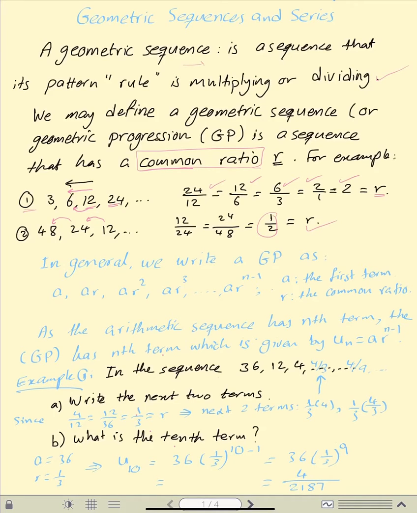In general, for any geometric sequence, we can write it like this: A, A times R, A times R times R, which is AR squared, AR cubed. And the last term, the nth term, is AR to the power of n minus 1, where A is the first term and R is the common ratio.